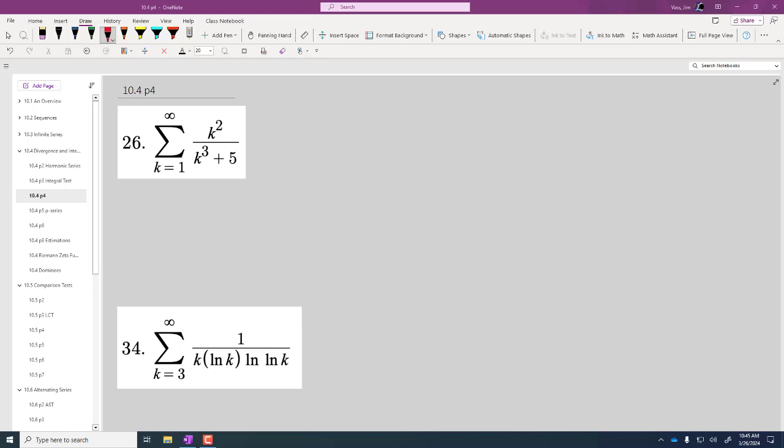Let me know if you're having trouble with the integration. Make sure you put your limit in there. Anytime we have an improper integral, we need a limit. Must have a limit.